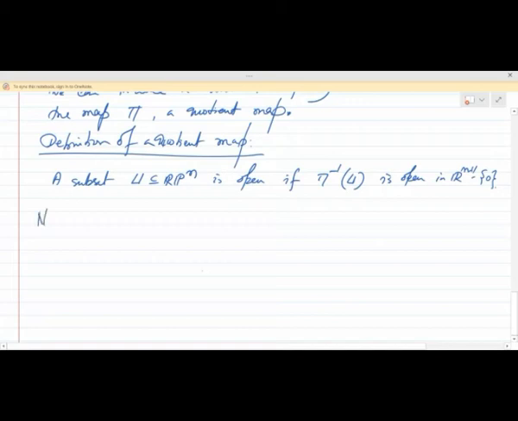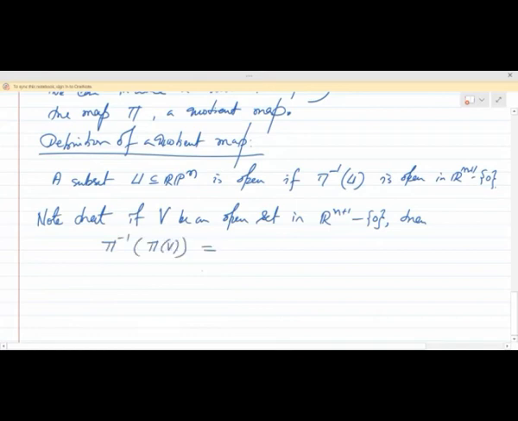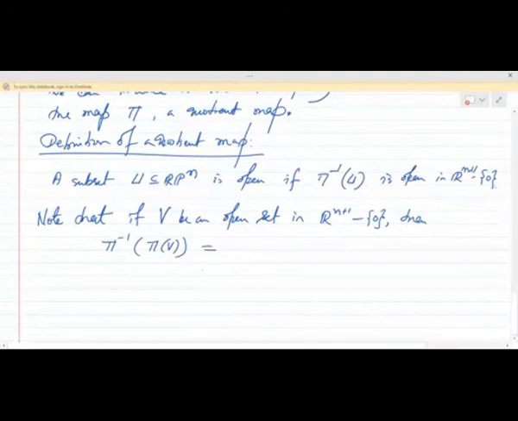Now note that if V is an open set in Rn plus 1 minus 0, then pi inverse of pi of V will be the union of lambda V for all non-zero real numbers lambda. Why is it so?